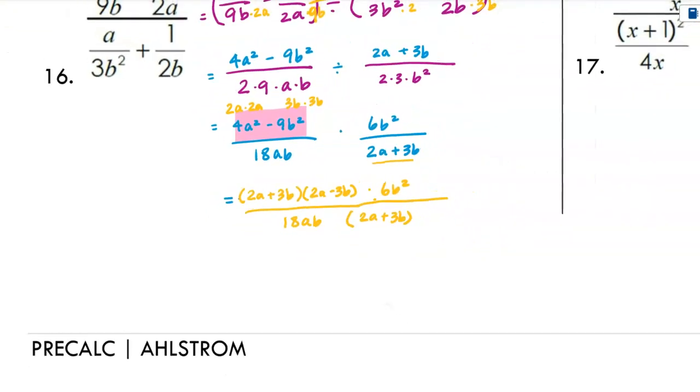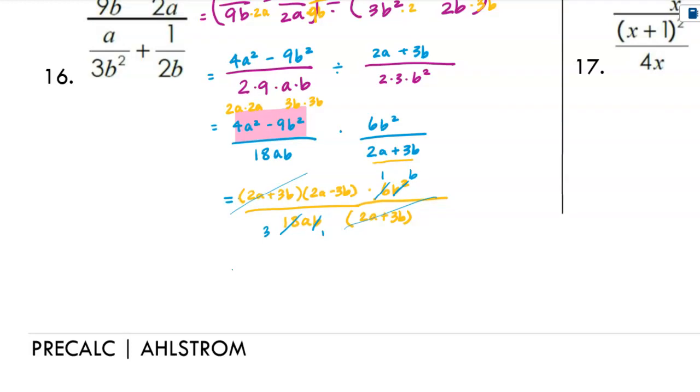Now let's see if we can simplify anything. Okay, yes, 2a plus 3b, we can simplify that. 6 and 18, 1, 3. And then the b's cancel out, and a b.